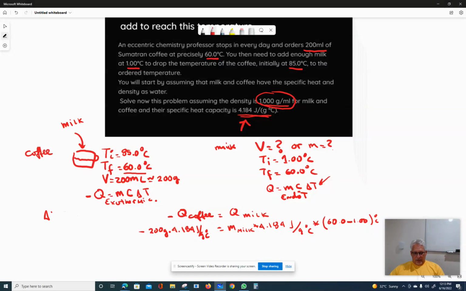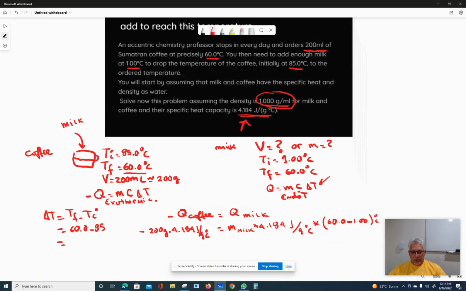Well, I can do the calculation on the side for the coffee. The delta T is final minus initial. Final is 60 Celsius, is where I want to get my coffee, 60.0. And initial is 85, so delta T will be negative, right?